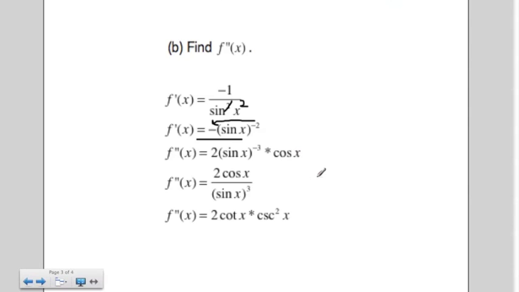So then you end up with 2 sine x to the -3 times cos x. And then again, this sine x to the -3 goes on the bottom. The 2 stays on the top. The cos x stays on the top. And you're left with 2 cos x over sine x cubed, which is the answer.